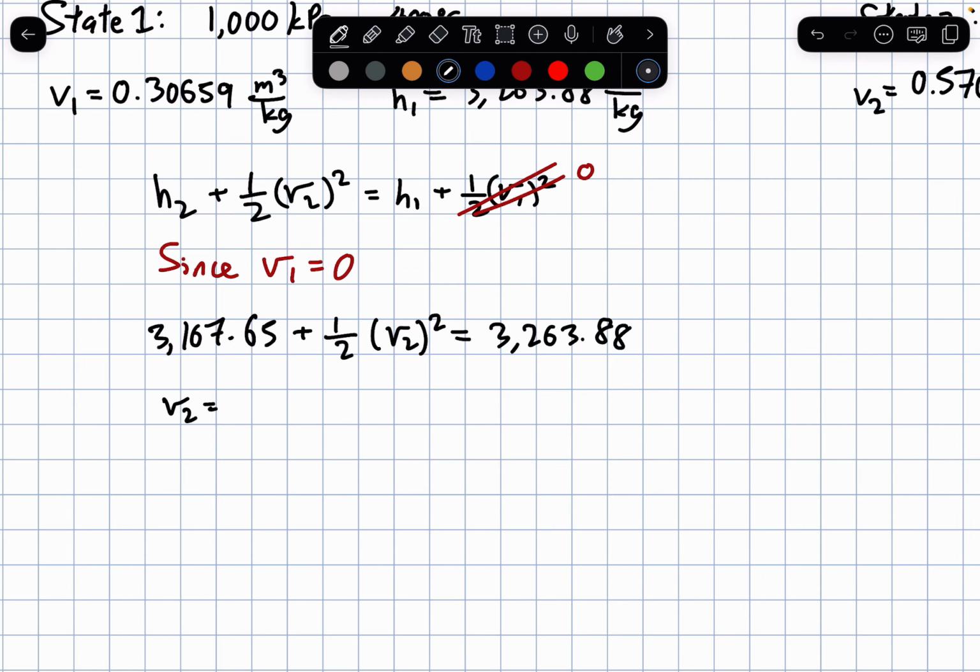Okay, 3167.65 plus 0.5 times 3263.88, 13.87 meter cube per kilogram.